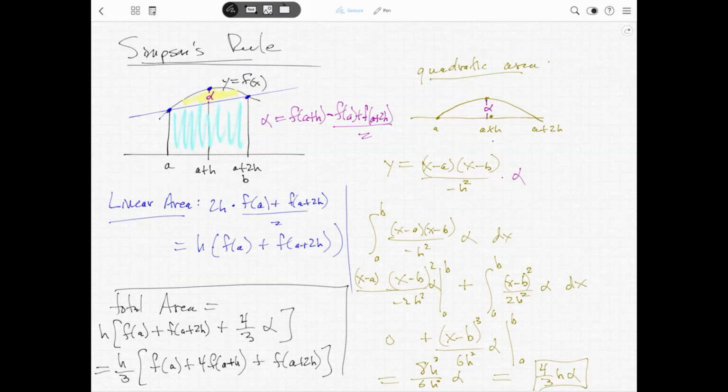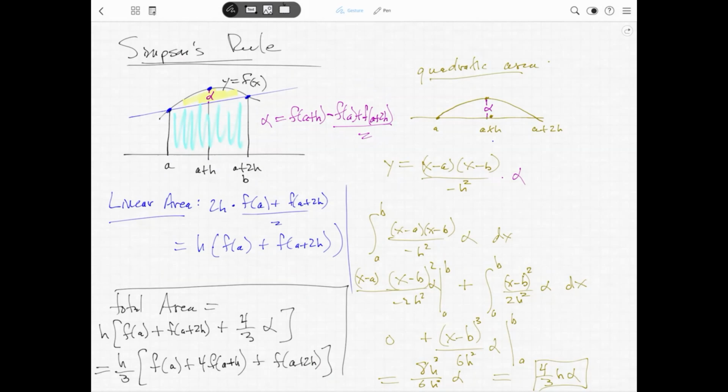I wrote out over here that the height at a plus h is f of a plus h. The height of the linear interpolation between the 2 points would be just the average of the heights at a and at a plus 2h, so f of a plus f of a plus 2h, divided by 2. So alpha is the difference in height between the parabola and the linear interpolation at the center point.